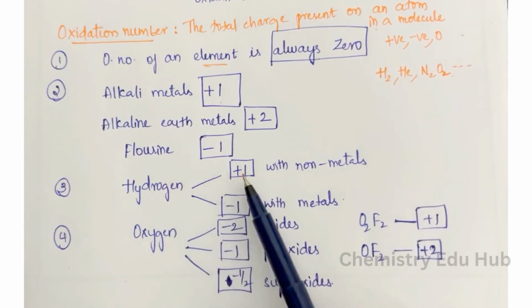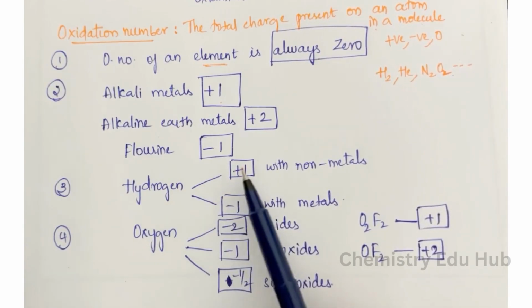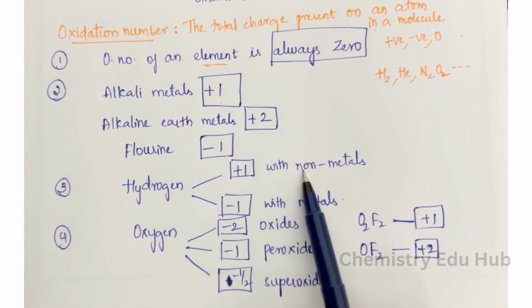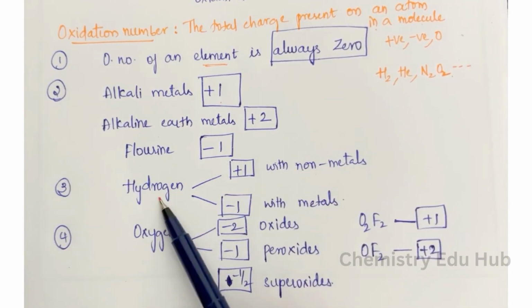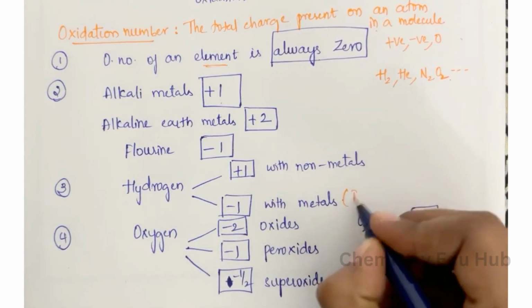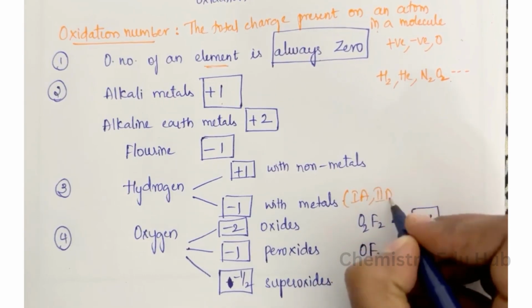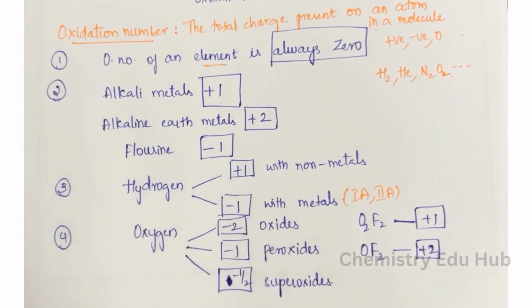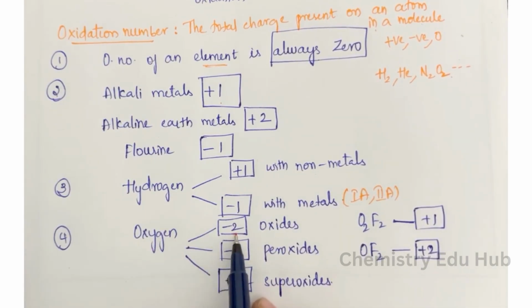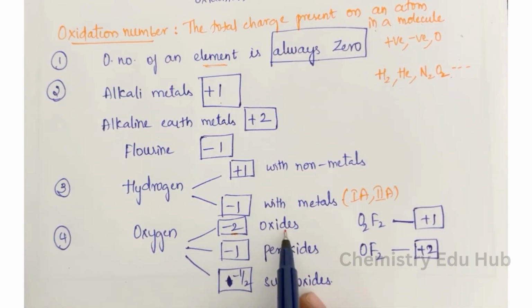Hydrogen will show two types of oxidation states: +1 with the non-metals, because non-metals are more electronegative than hydrogen. And with metals, what metals? 1A and 2A group metals, that is alkali and alkaline earth metals, hydrogen will show -1 oxidation state. Similarly, oxygen's common oxidation state is -2 in all oxides.